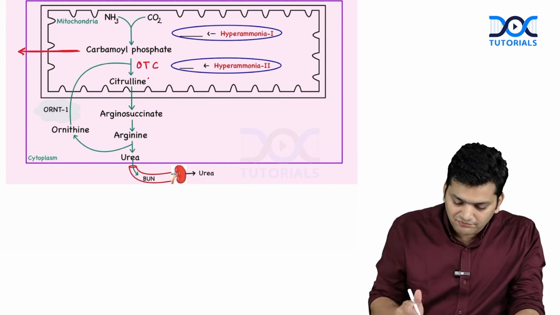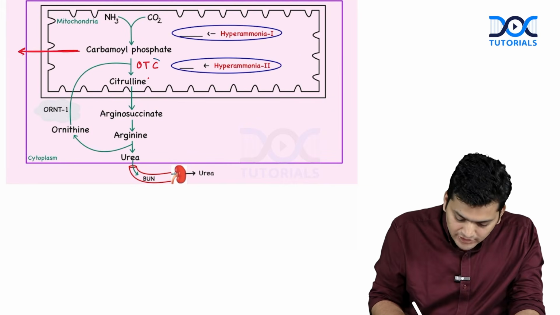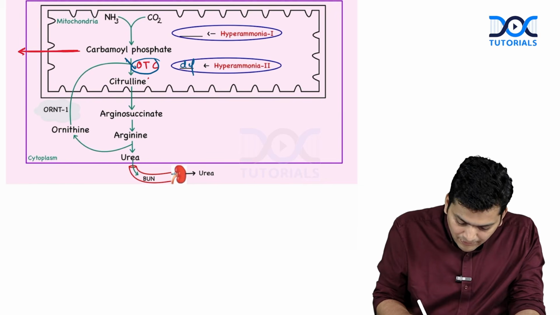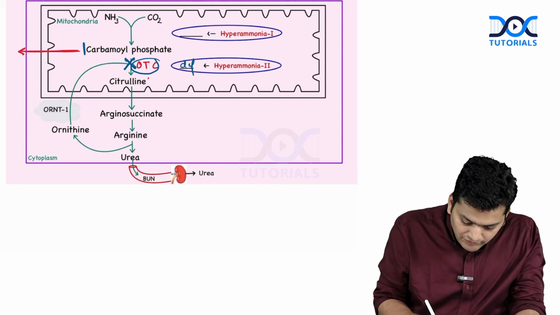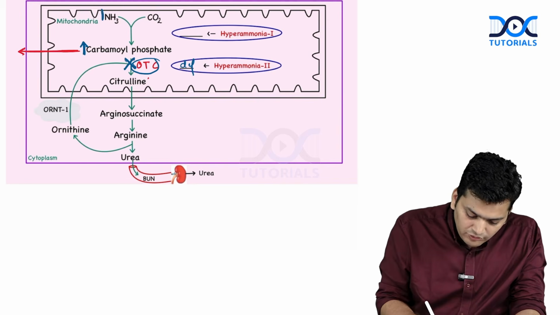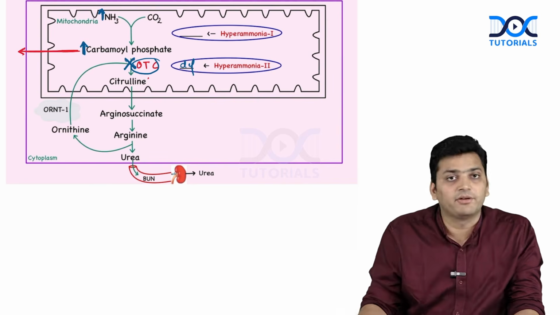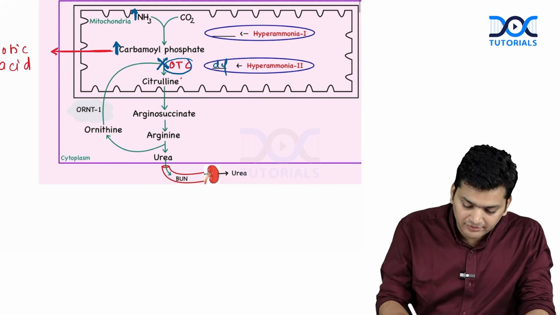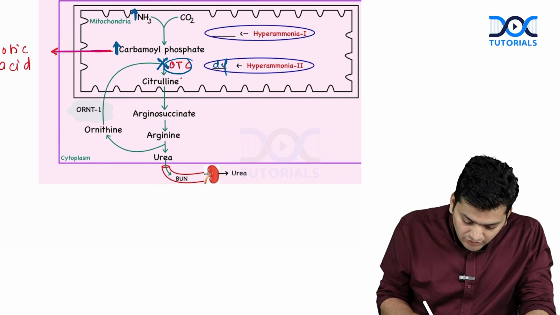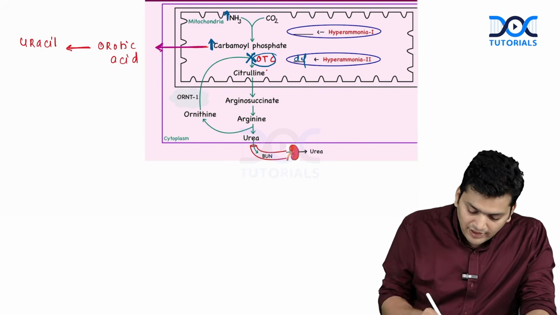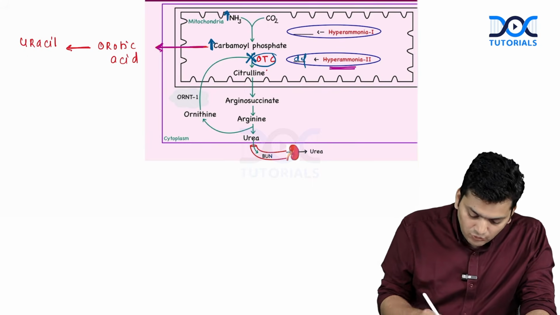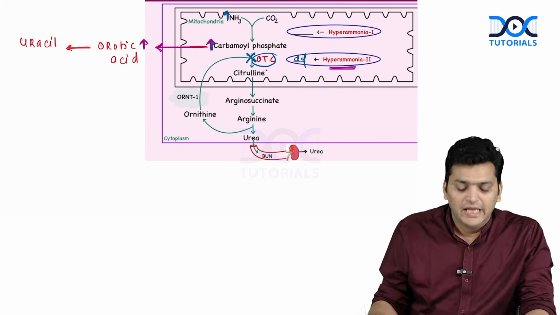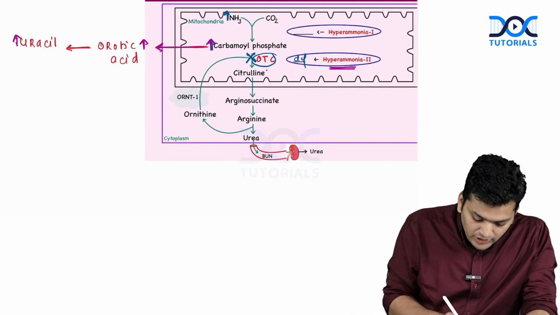But for example, if the patient is having a problem in the OTC, if there is deficiency of OTC, this reaction will not happen. The carbamoyl phosphate will increase. The ammonia is also going to increase, but carbamoyl phosphate will also increase. Because the carbamoyl phosphate will increase, it can trigger an alternate pathway and convert into orotic acid. So that is why in hyperammonemia type 2 there is more carbamoyl phosphate, so there is going to be more orotic acid, and the orotic acid can convert into uracil.